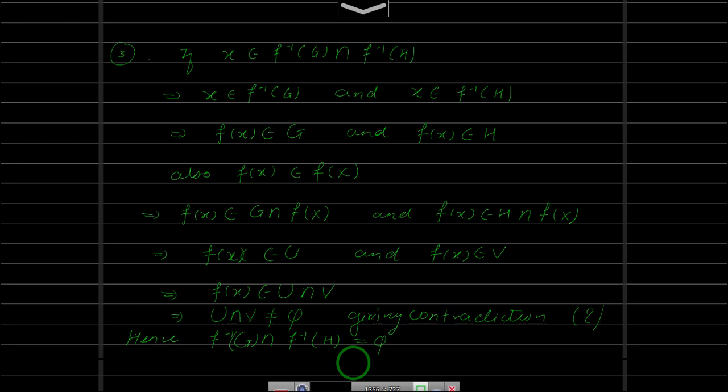Alright, so let us take the fourth point. The fourth point says if you take the union of f inverse of G and f inverse of H, it will be the whole of X, right? So of course let us take a point in X. So let some point x belong to X. We need to show that this x belongs to the union, right? Now if x belongs to X, this implies the point f(x) will be mapped to some point in the range, right?